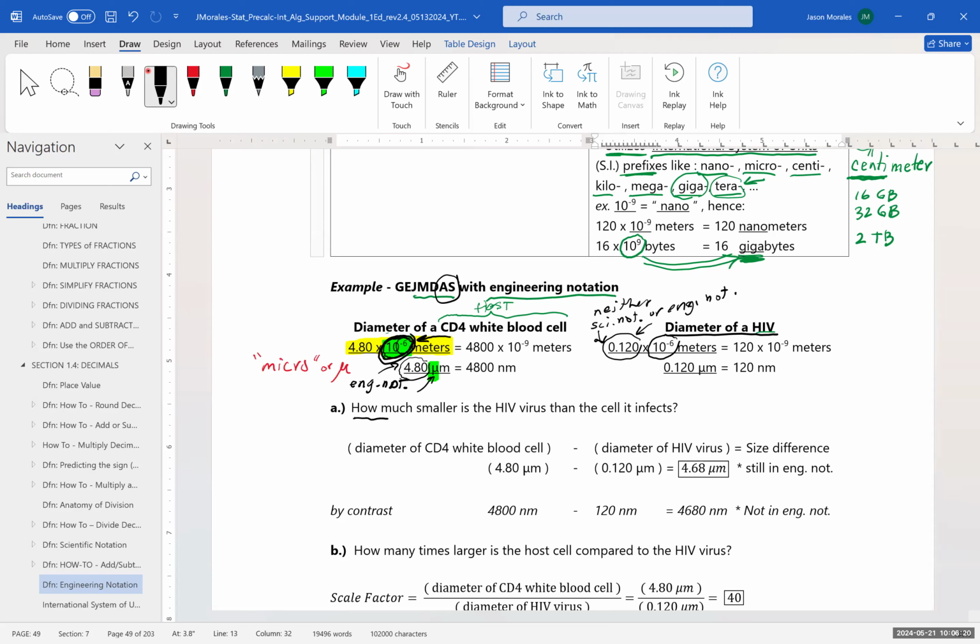So let's look at a question that we looked at earlier. How much smaller is the HIV virus than the cell it infects, which is the CD4 cell? So what we need to do is take the diameter of the host cell and subtract from it the diameter of the HIV virus.